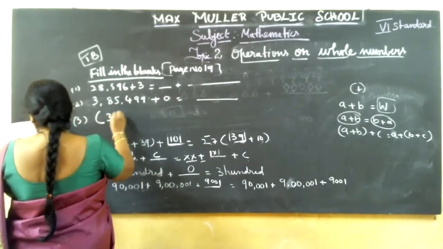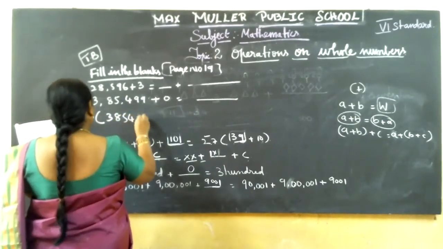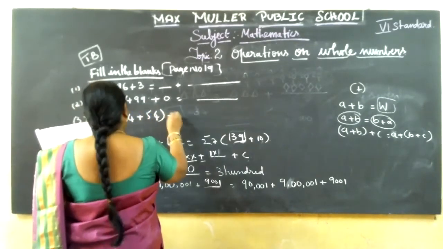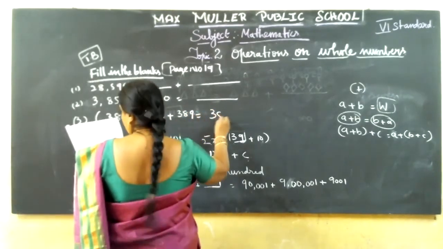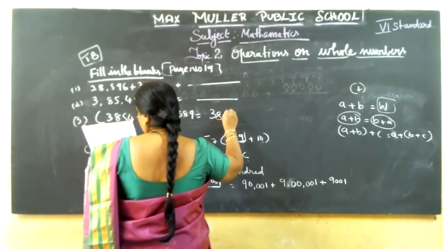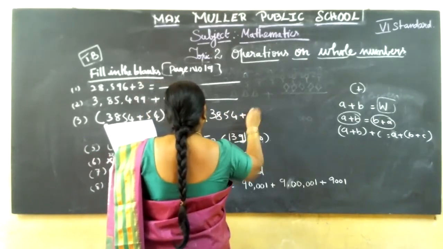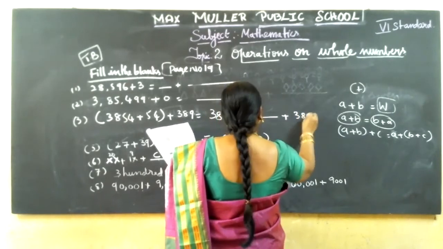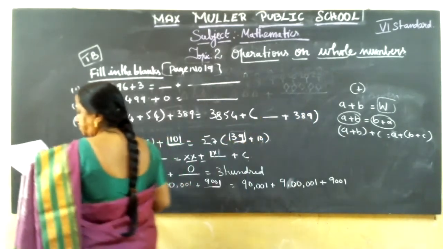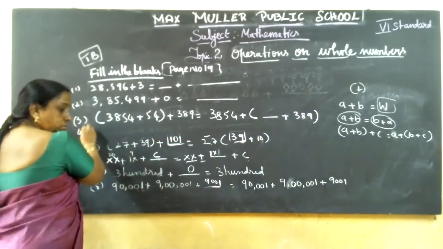Open the bracket, 3,854 plus 54 close, 389 equal to 3,854 plus open the bracket dash plus 389 close the bracket. Then fourth question.